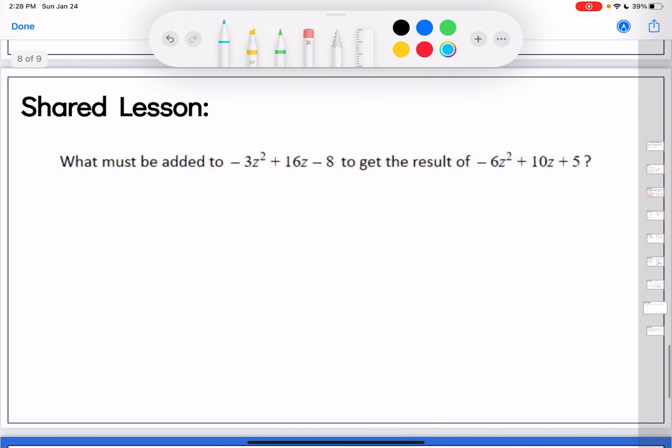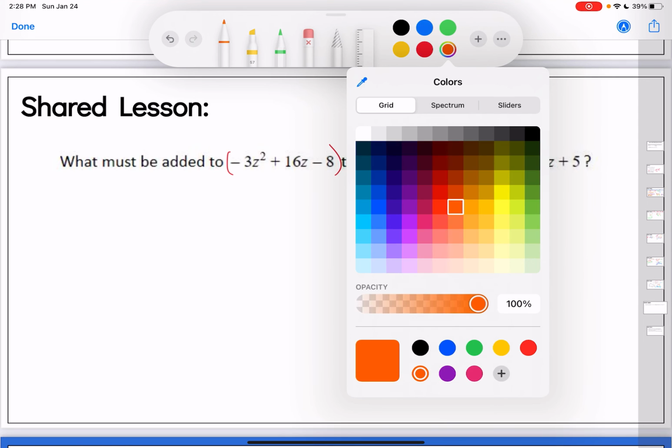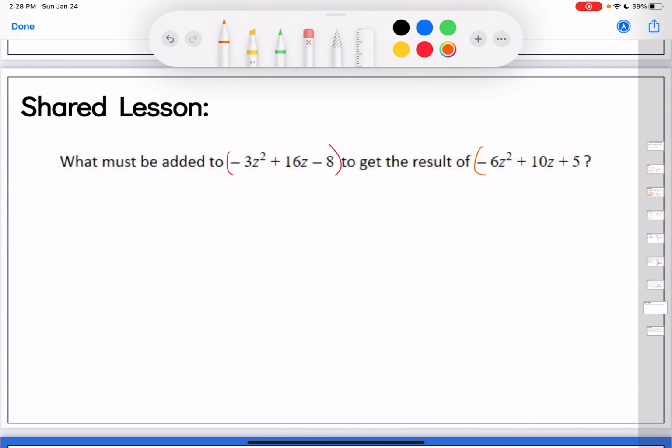Here's the last way you might see it, just a little bit different. So it says, what must be added to the polynomial negative 3z squared plus 16z minus 8 to get the result of negative 6z squared plus 10z plus 5? What must be added to the first one to get the result of the second one?